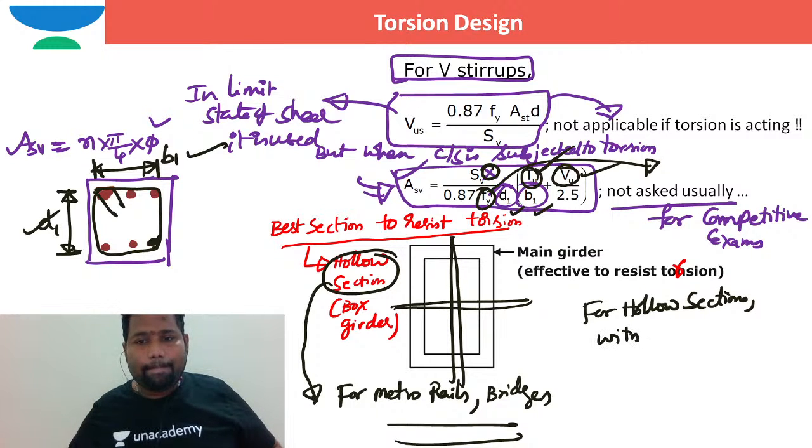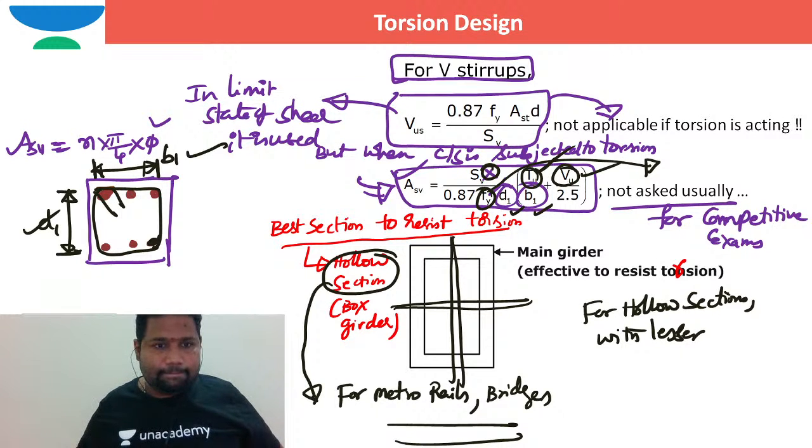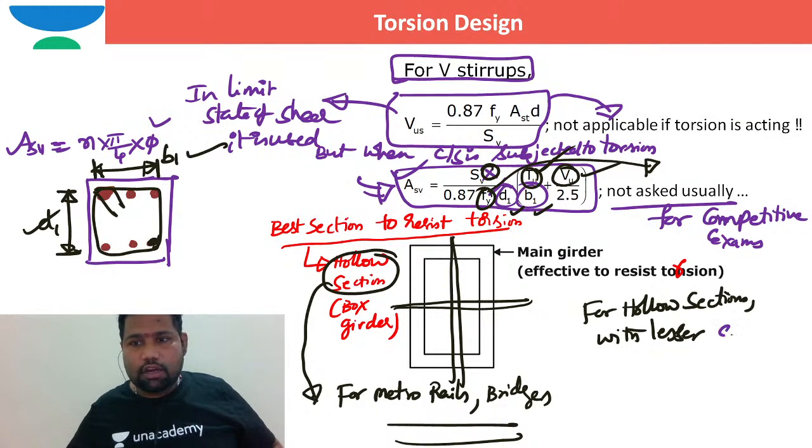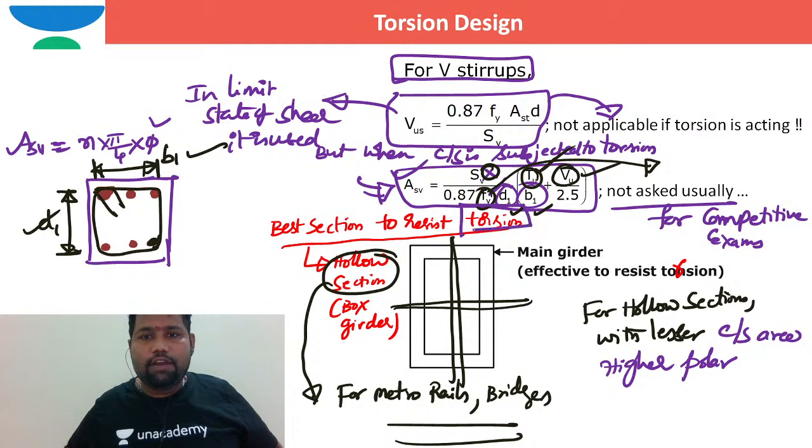With lesser cross-sectional area, higher polar moment of inertia is possible, because the question here is torsion.